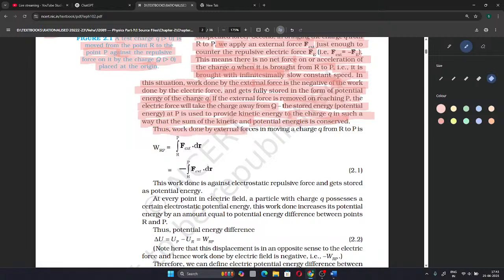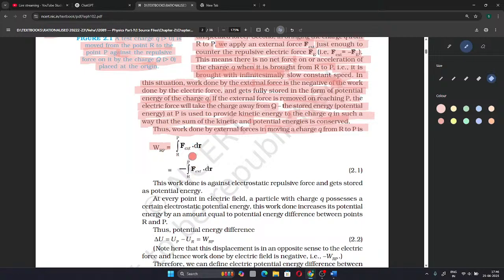Thus, work done by external forces in moving a charge q from R to P is the integral from R to P, where the lower limit is point R, where there is less potential, and P, where there is the highest potential.